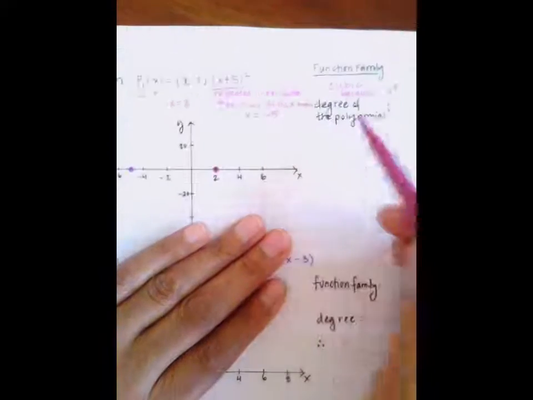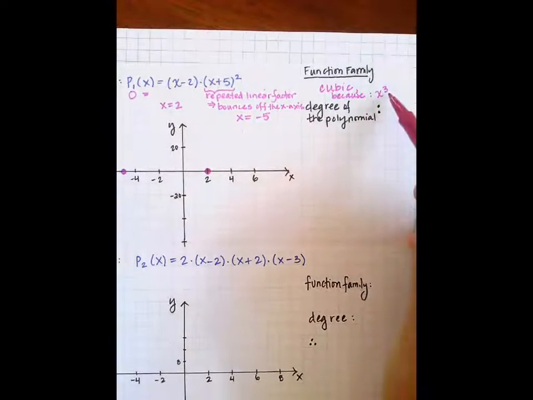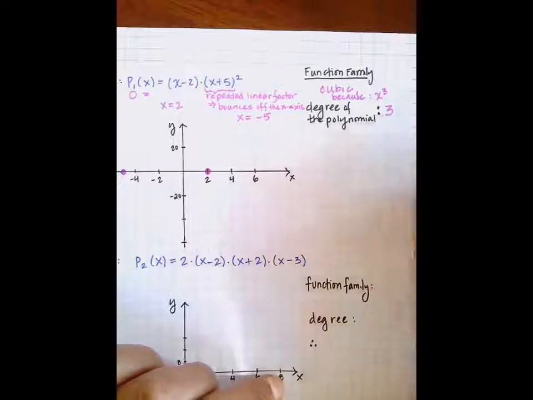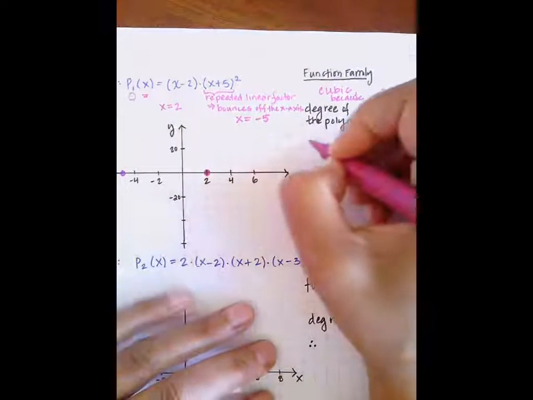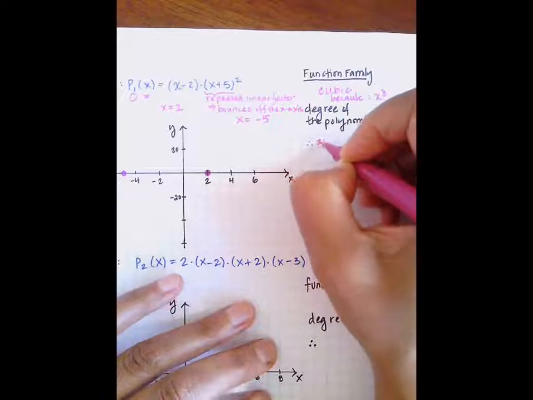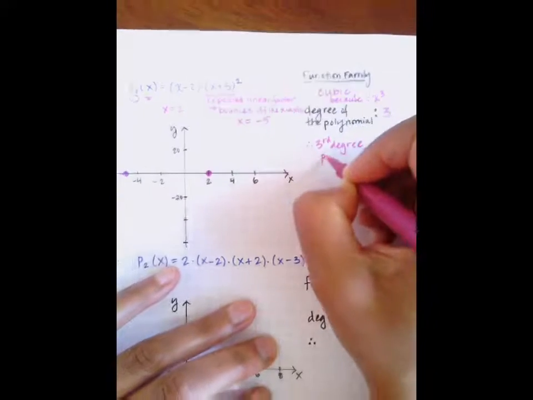When they ask you what's the degree of the polynomial, the degree is dictated by that exponent's value. So the degree of the polynomial is 3, and I can therefore call this a third degree polynomial.